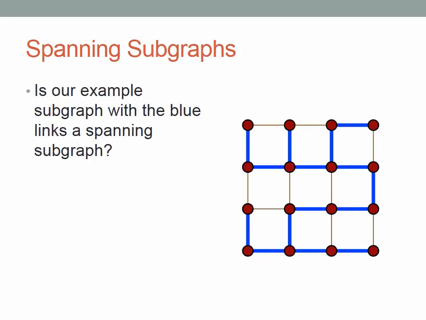So back to our example, is the subgraph that includes all of the blue links and only the blue links. Is that an example of a spanning subgraph?